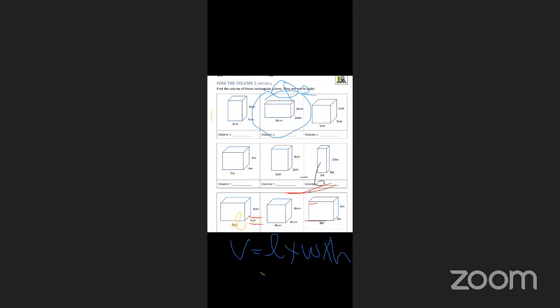So Haika, the formula, actually I wrote length before it. Sorry, I think you probably just saw width times height, but it's actually the whole formula.